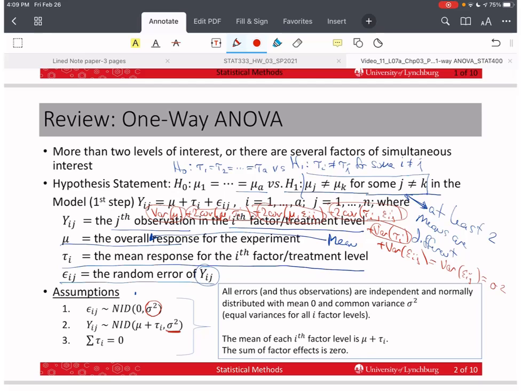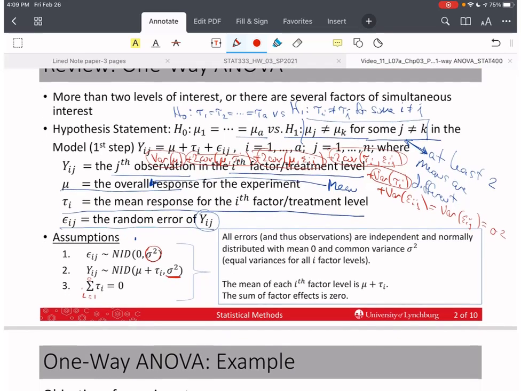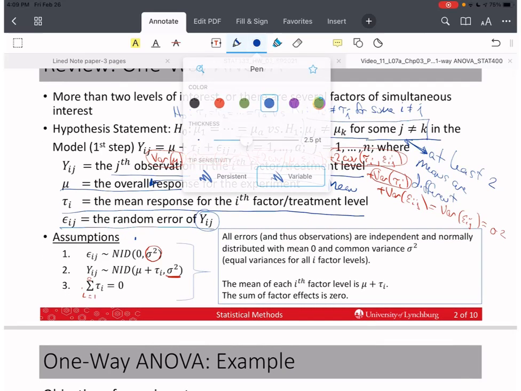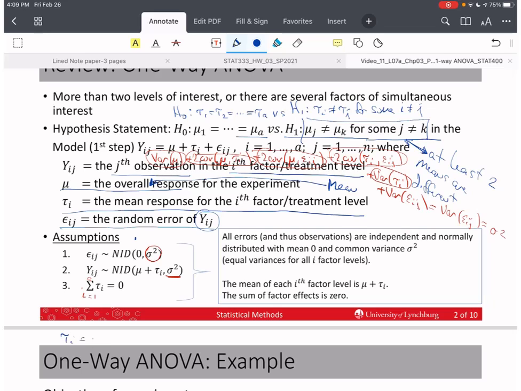And then we have the summation from i equals 1 to a of tau i is 0. And when you think about what tau i is, tau i equals mu i minus mu. So it's the difference between mu i and mu.